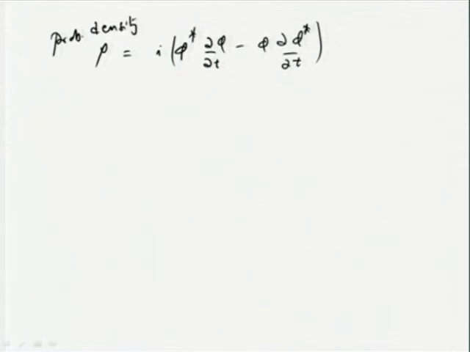If I take a plane wave solution for the phi, then I can write it as e to the power i p dot x minus i energy times time. This is a plane wave.